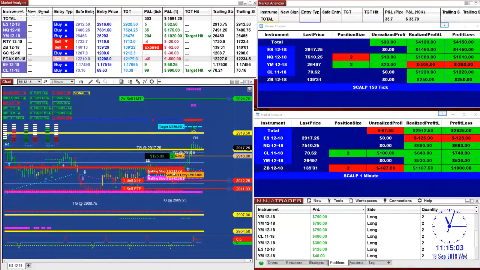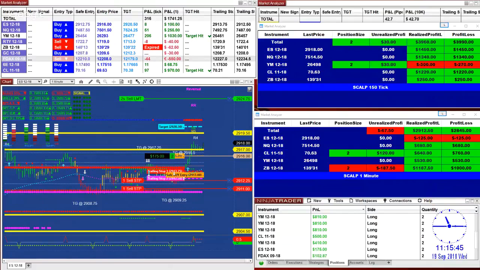So now we cross those short areas, and now there's nothing but long on the ES and Nasdaq. You should not be taking any short trades on the Nasdaq and ES at the moment. There we go.